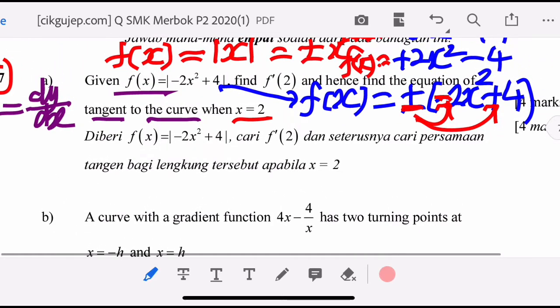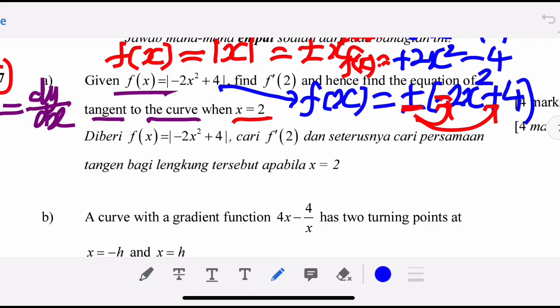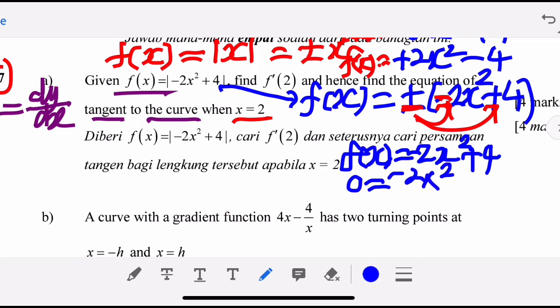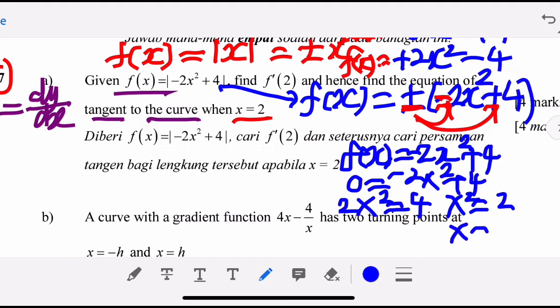So how to sketch a graph? When you want to sketch a modulus graph, you have to find the points. Let's say f(x) I assume is this one first, negative 2x squared plus 4. When y is 0, you can find the x-intercept. So 2x squared is 4, that means x squared is 2, that means x is positive, negative square root 2.